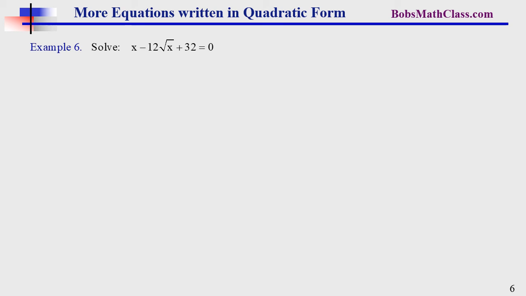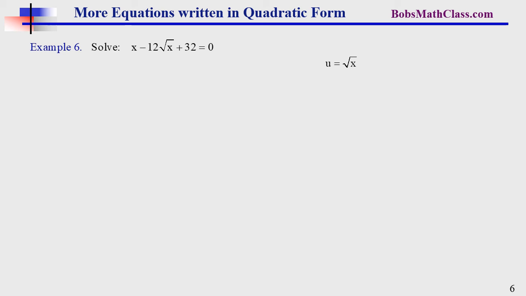So that square root of x, we're going to let it be some other letter. We'll choose the letter u. You can use any letter you want, k, y, it doesn't matter. Sometimes we use the letters u and v when we're talking about substitutions. It's just kind of traditional. Okay, so u is equal to the square root of x.